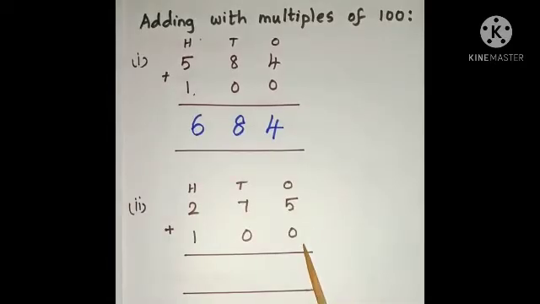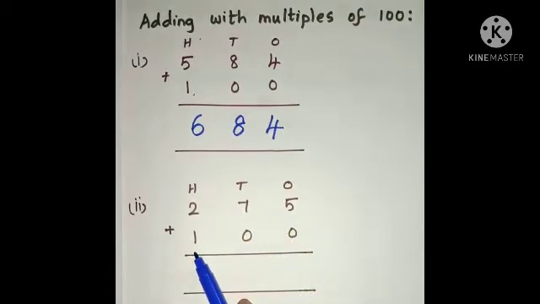Now children, one more example. Adding 275 with 100. We know that ones place and tens place didn't change when they are added to 0. But in the hundreds place, it is changed. So there will be a change in hundreds place, not in ones place and tens place. Because we are adding 2 zeros in ones place and tens place with the number.